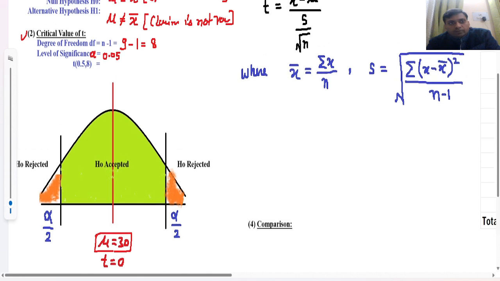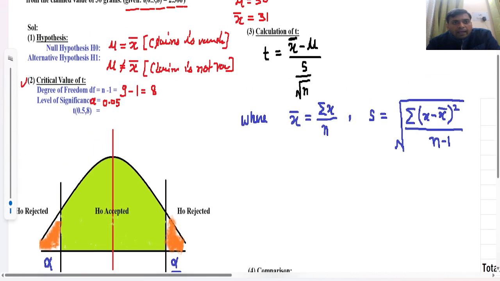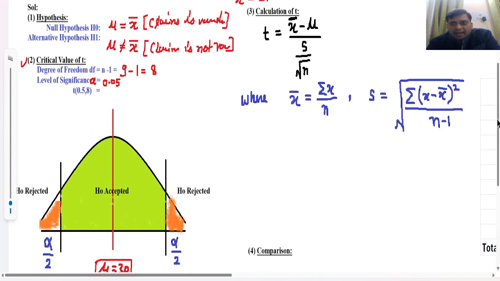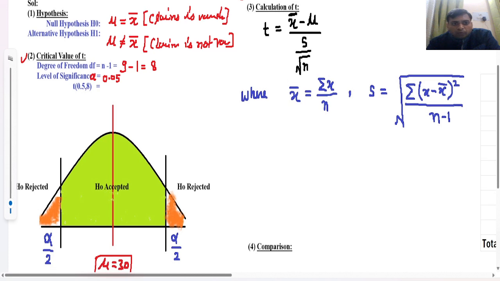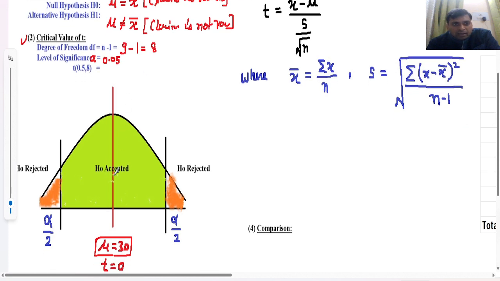Now the average may be a little bit less or a little bit more. This means the sample average may be greater than this 30 or less than this 30. This means it may be 29, 28, or 31, 32.